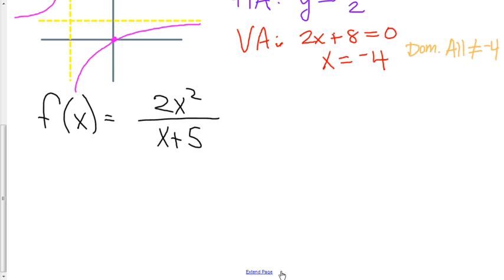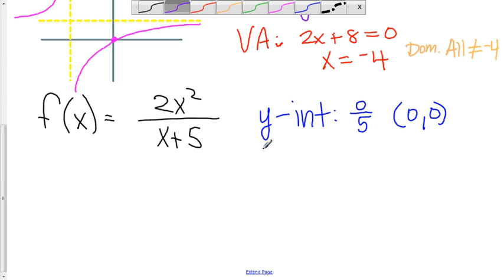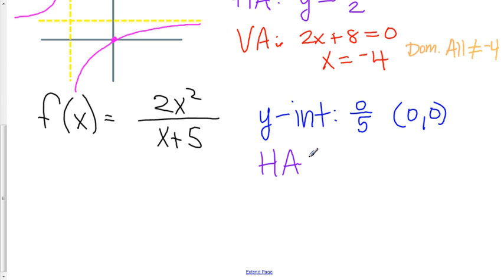Our last example. Y-intercept. Still going to be 0 over 5. So our y-intercept is (0, 0). Horizontal asymptote. Top degree is 1 bigger than the bottom degree, so therefore there is no horizontal asymptote.